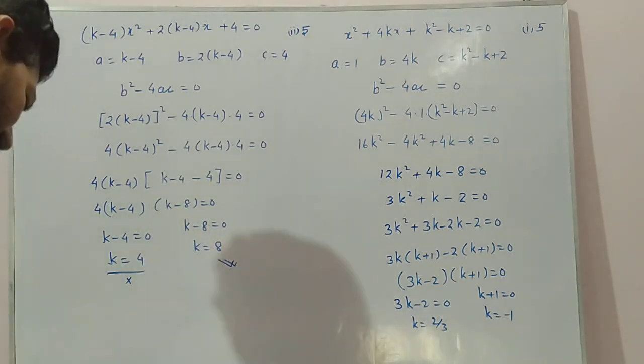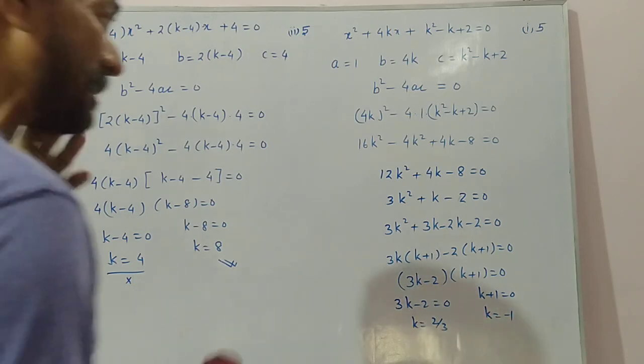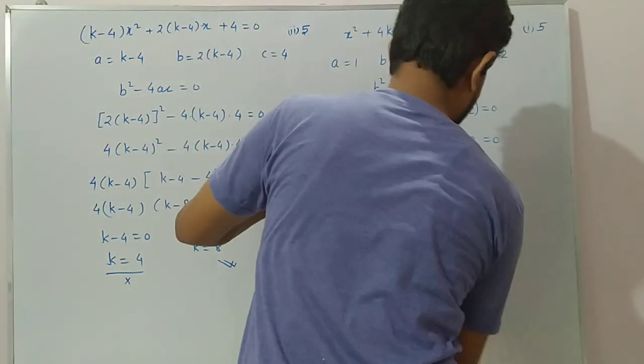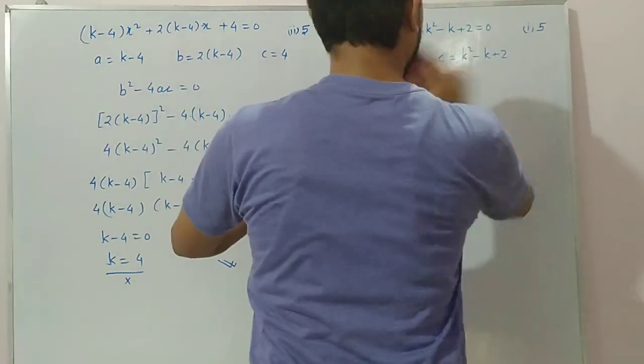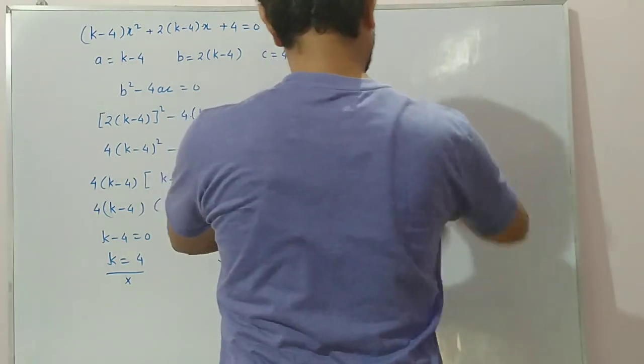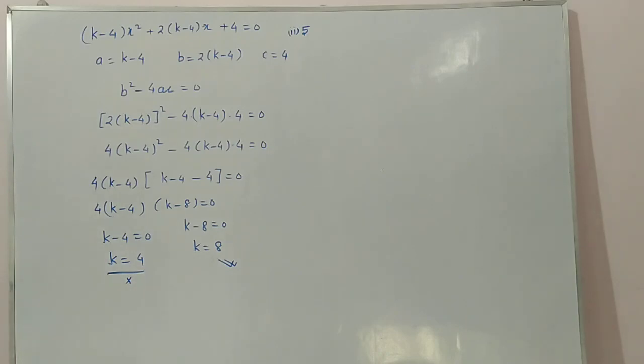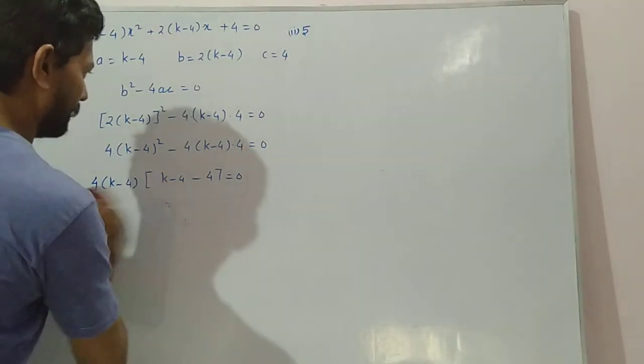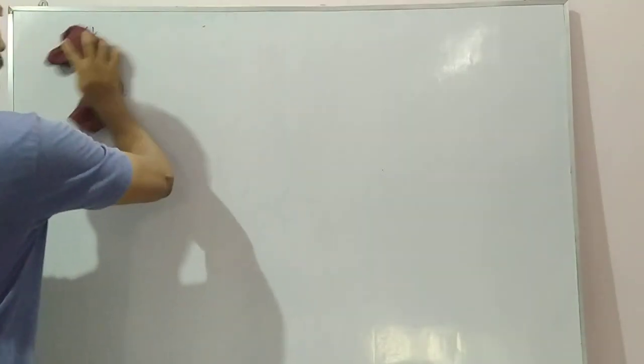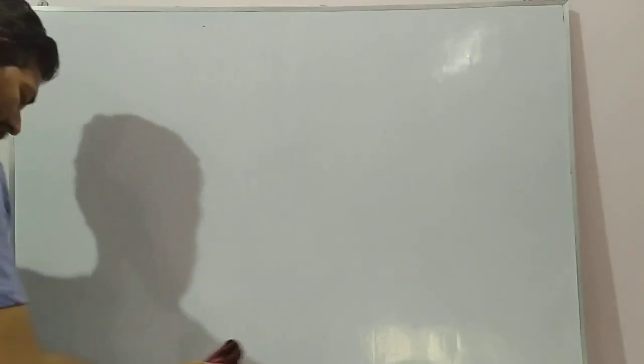Question number 6. In question number 6, see here. Find the value of m for which each of the following quadratic equations has real and equal roots.